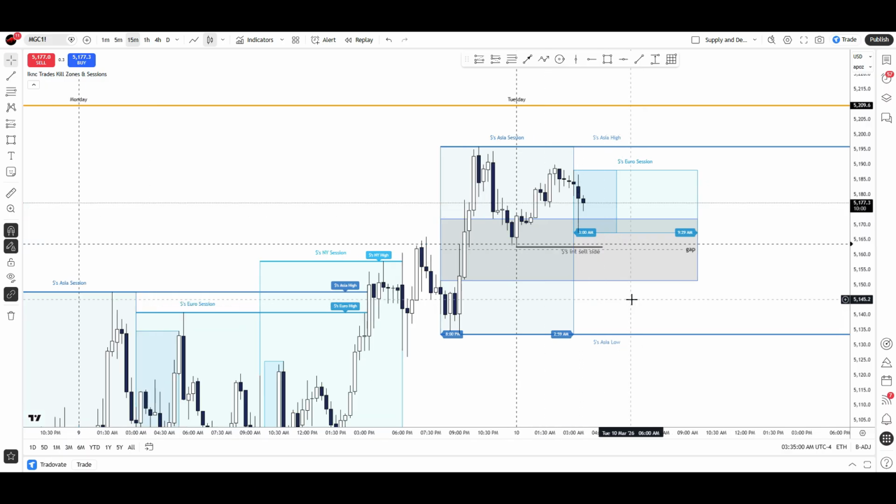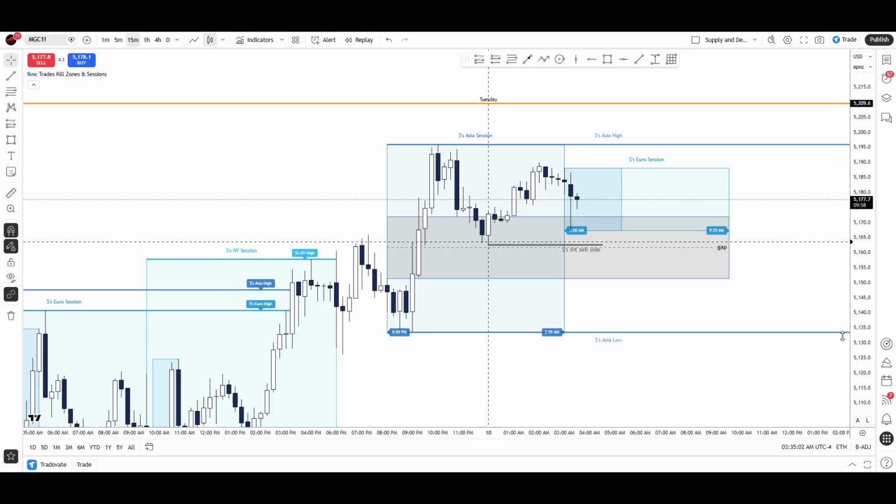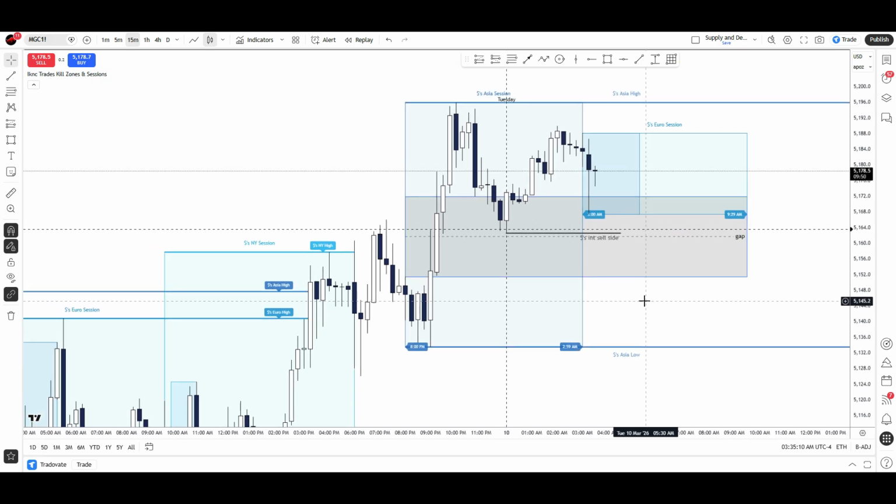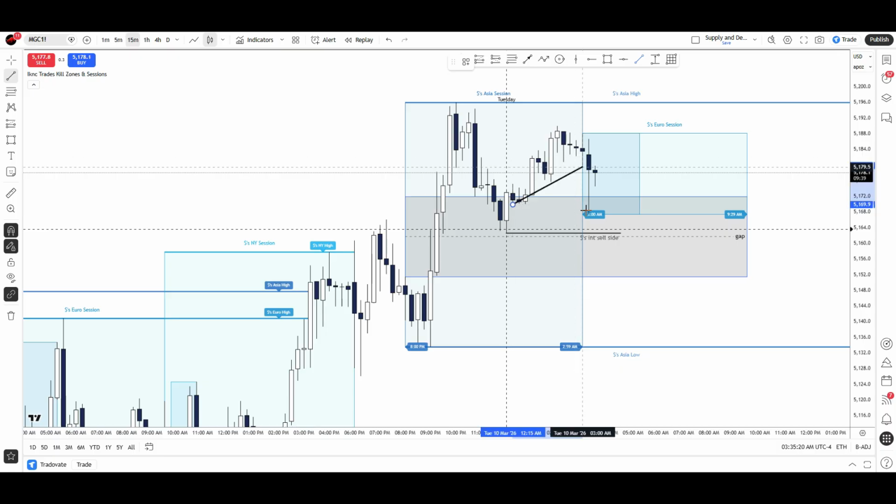Market moving really slow right now. See, it did take some liquidity right here, right?